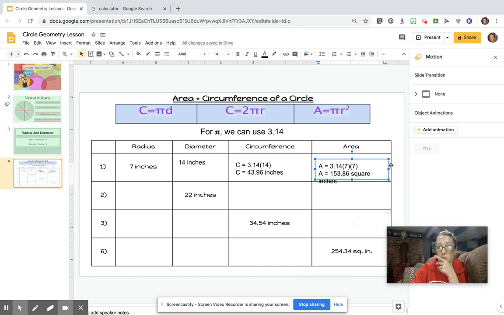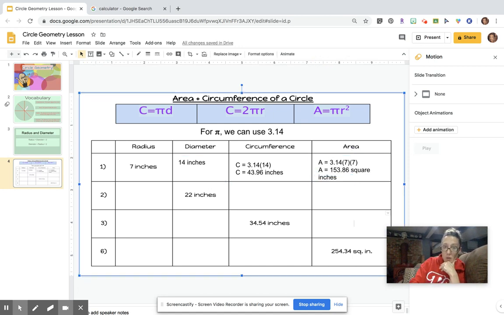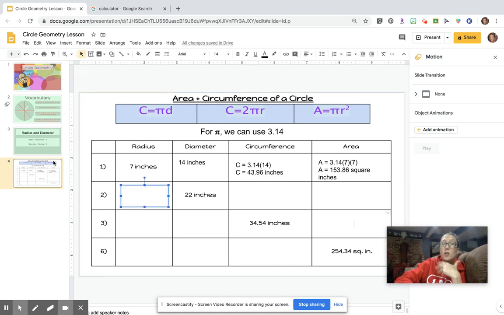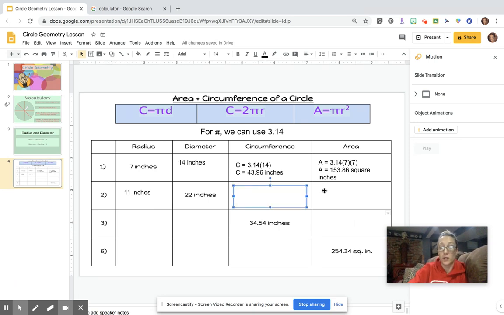All right. Beautiful. So with here, I'm going backwards a little bit. I'm given a diameter of 22 inches. Well, remember, my radius is my diameter divided by 2. It's half of my diameter. So if my diameter is 22 inches, my radius is 11 inches. Beautiful. And then I would use my circumference and area formulas to help me calculate that.